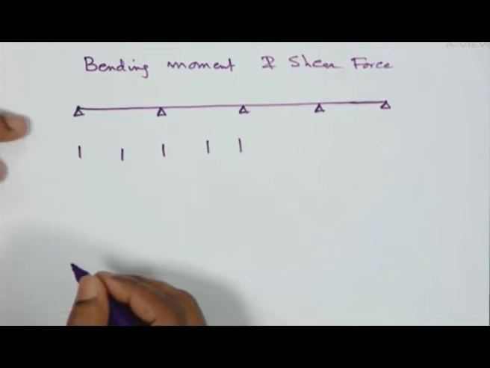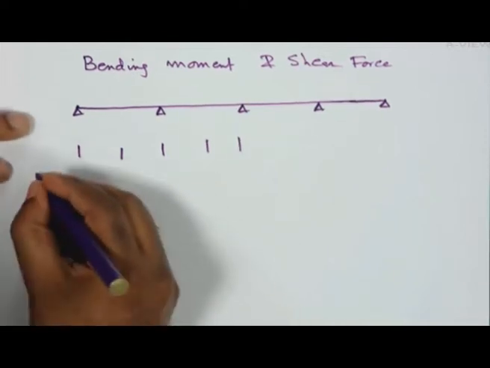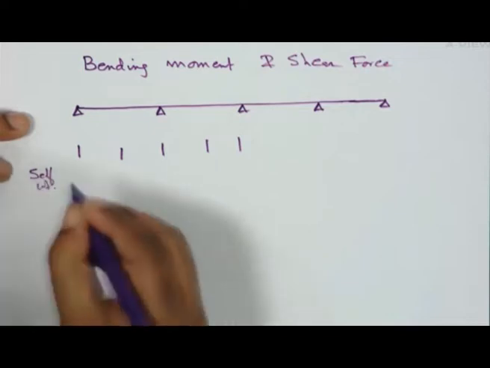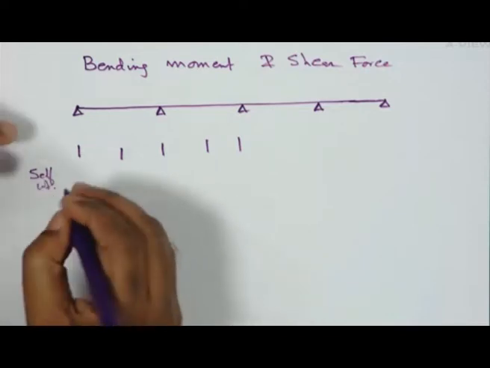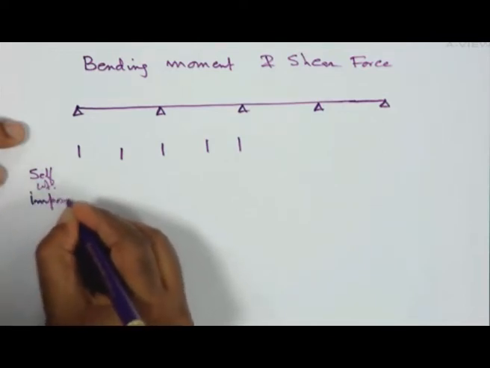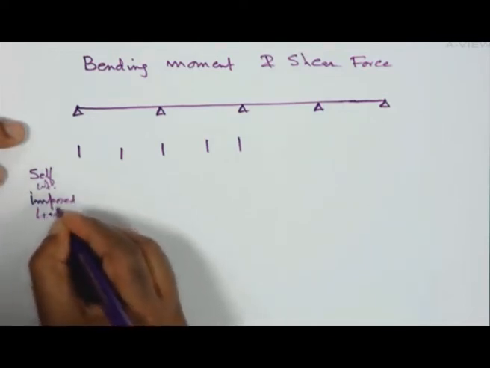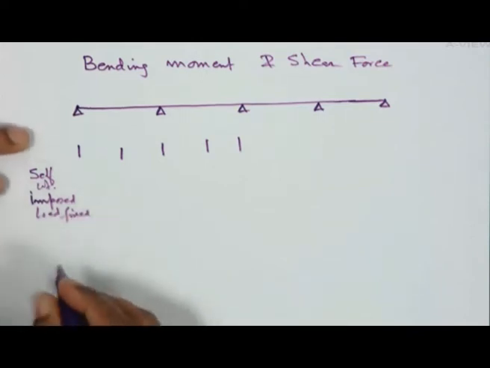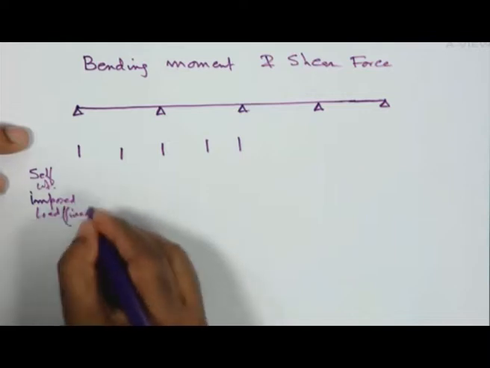So now the thing is that one is we are having self weight, and also we have that imposed load fixed. So another one is we have imposed load not fixed.